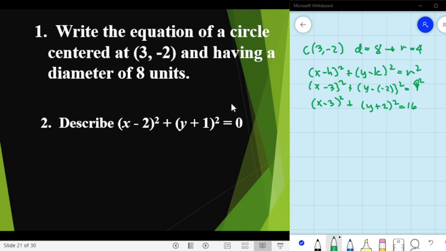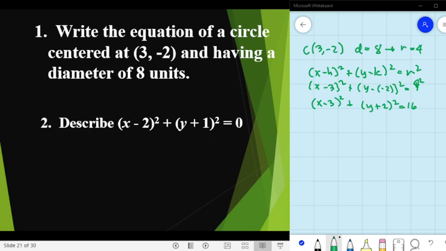Next is to describe (x - 2)^2 + (y + 1)^2 = 0. So notice that the right side here for r squared is 0. So that means your r is 0. So since the r is 0, then the given is not a circle, but it is a point at your h there is 2 and your k is -1.